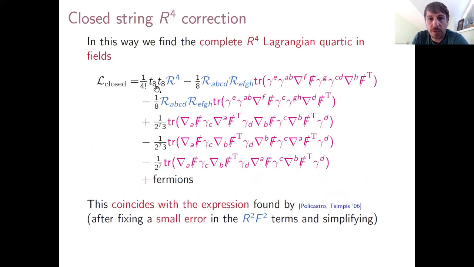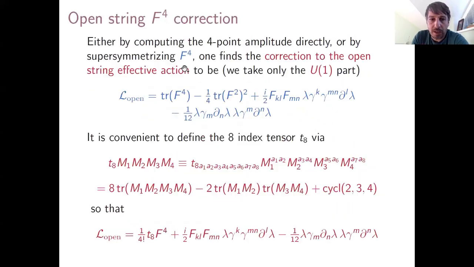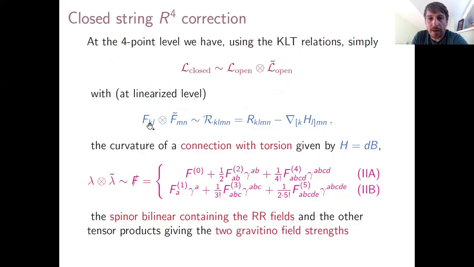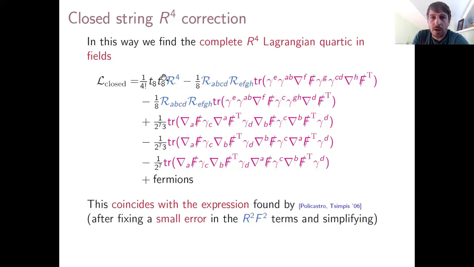You have 1 over 4 factorial T8 R to the 4. So that is coming by taking the tensor product of this guy with another copy of the same thing. So you get 2 T8s, and then F times F gives you this curly R. So that gives you this torsionful Riemann tensor to the 4th power.